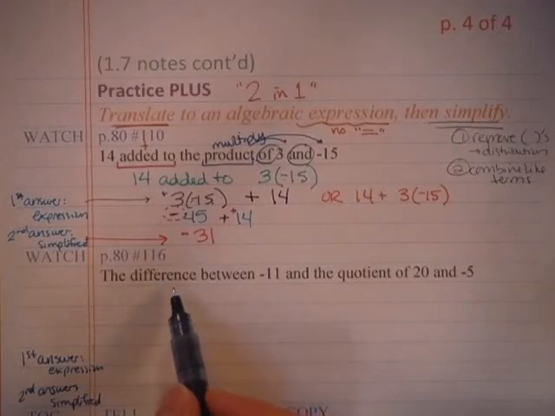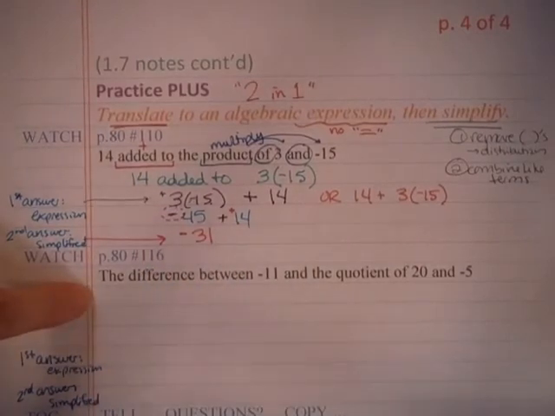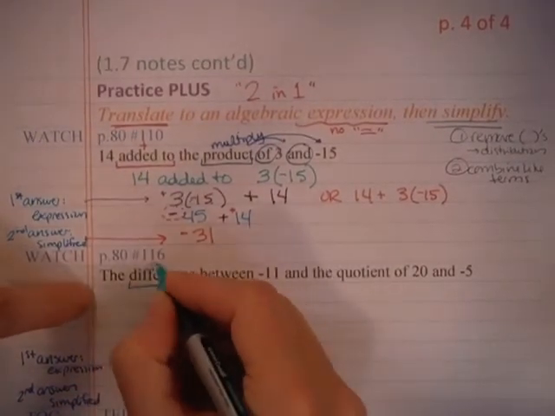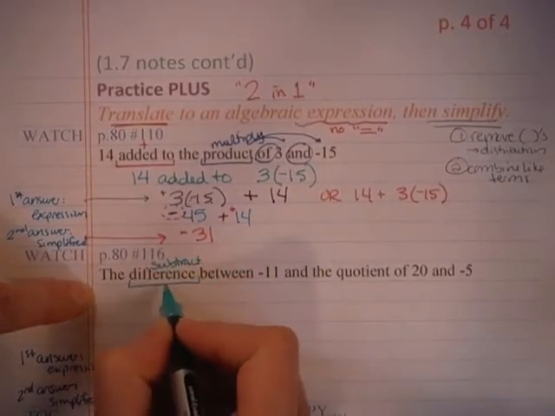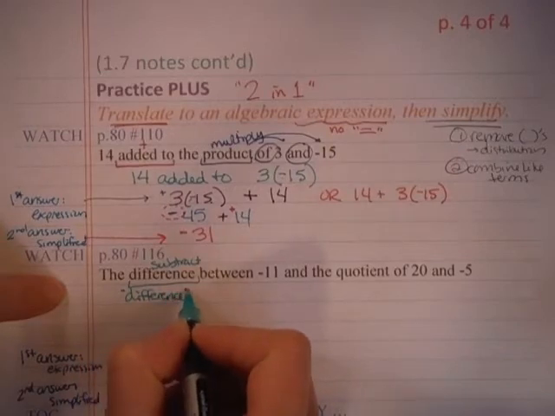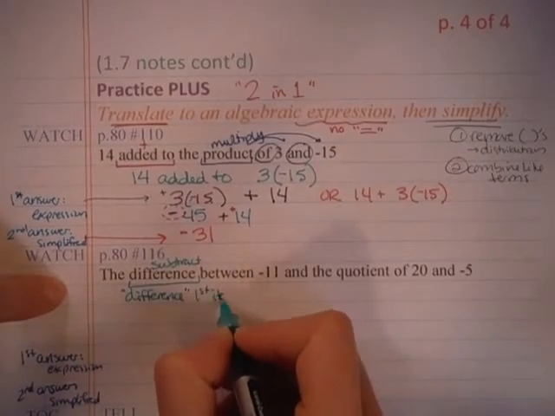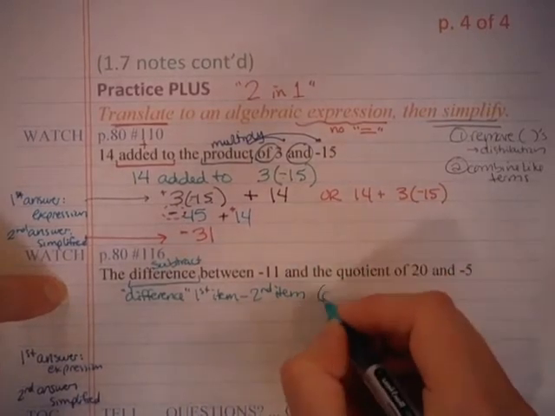So now we look for the key words. Difference, that tells us we're going to subtract. And the nice thing is when the word difference comes up, we can go ahead and just subtract first item minus the second item, however it's listed.